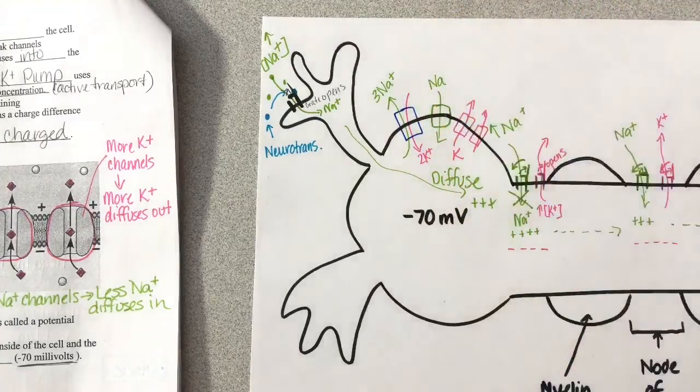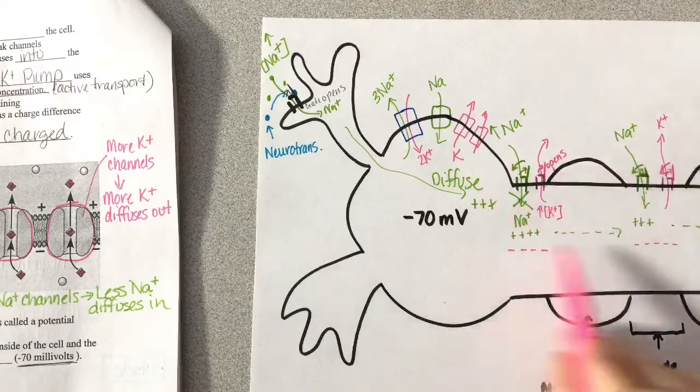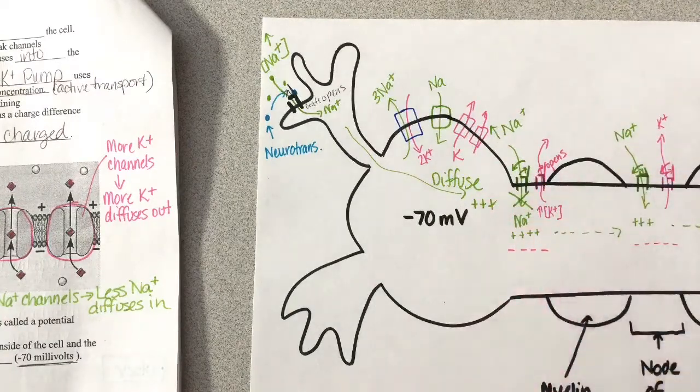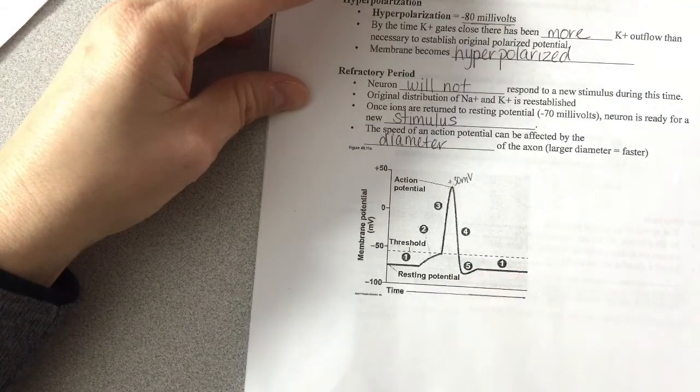So the sodium potassium pump is going to expend energy to redistribute this and therefore bring it back to negative 70 from negative 80. And so that's how it goes back to the normal resting potential.